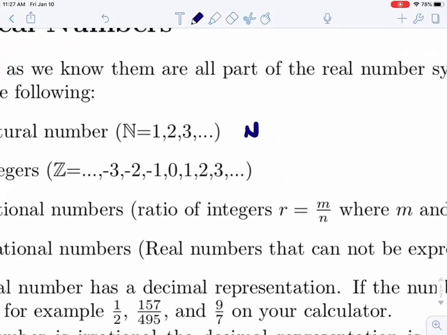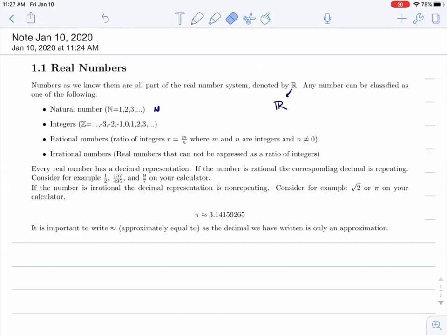I just do an N with another double back again. Not too picky. Z, I do also with a double back. You're seeing the trend, right?